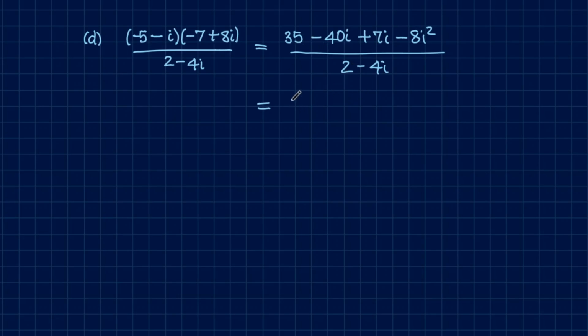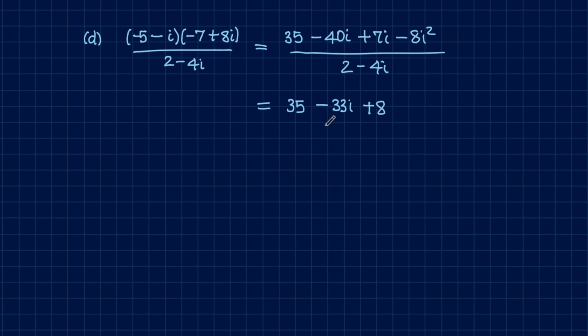Now, this one remains as 35, and the term in the middle, the 7 reduces this 40 to 33. So we have minus 33i. Now we can say plus 8, since i squared is negative 1, so negative times negative is positive.